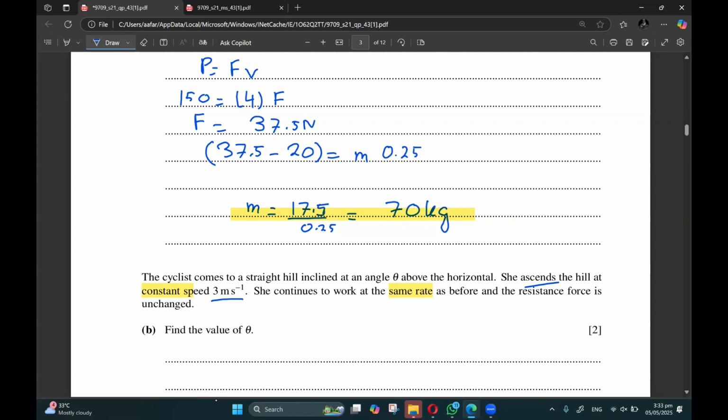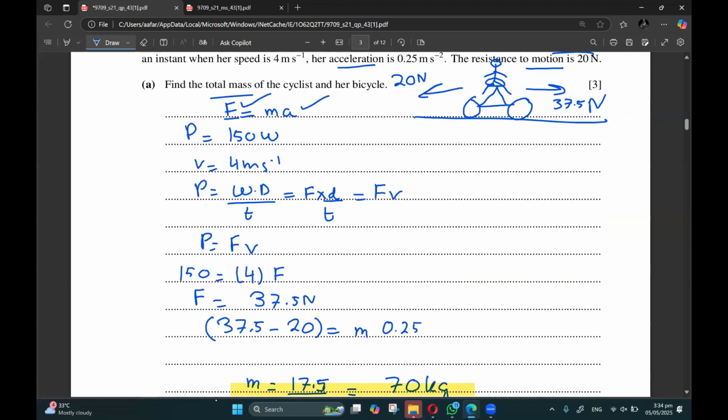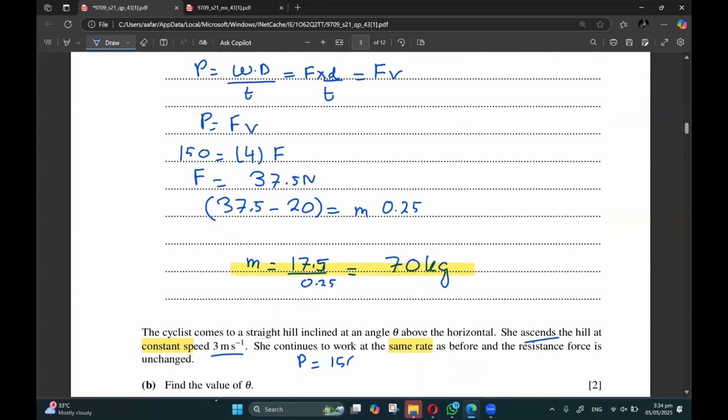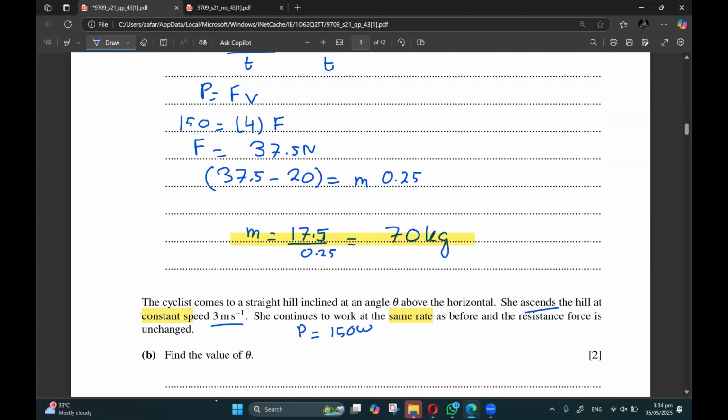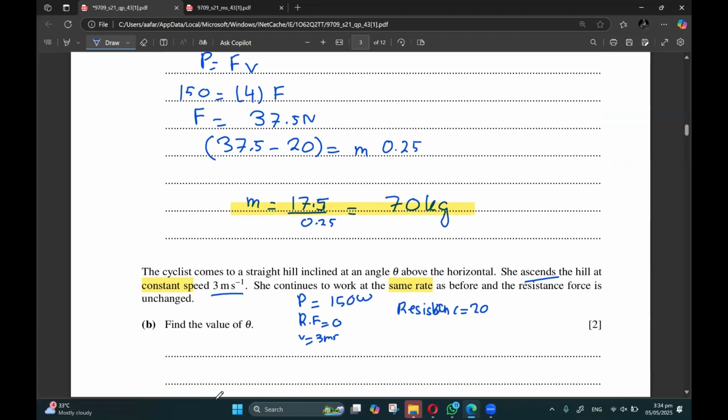So the power is still the same, i.e. 150 watt, and the speed is constant. That means that the resultant force is equal to zero. The speed is 3 meters per second, and the resistive force is again 20 since it says it's unchanged. Find the value of theta.